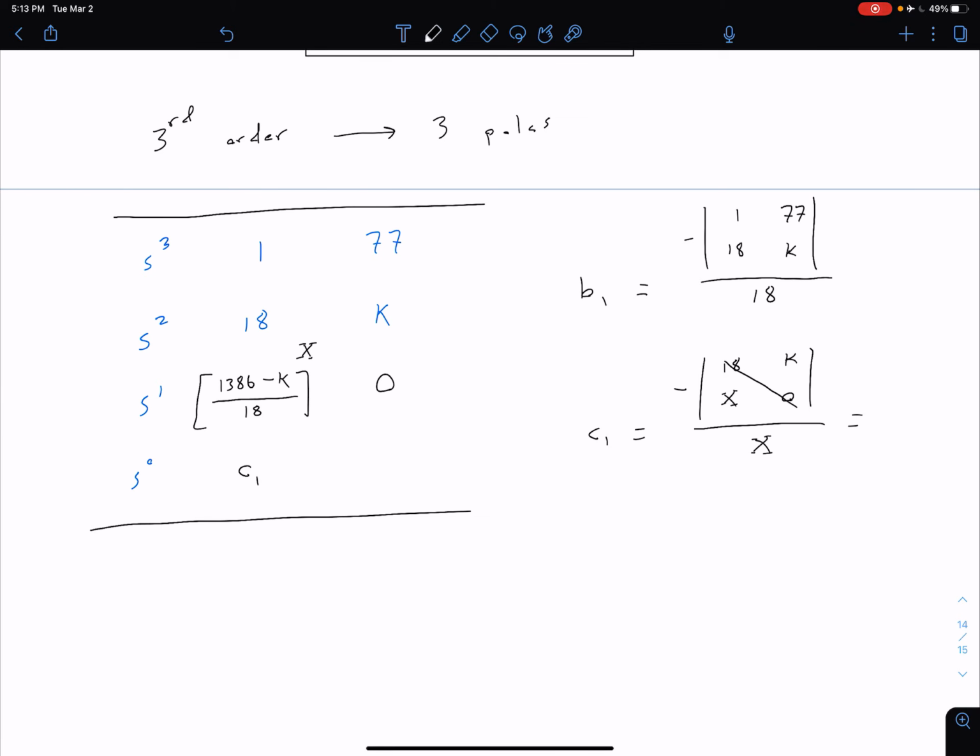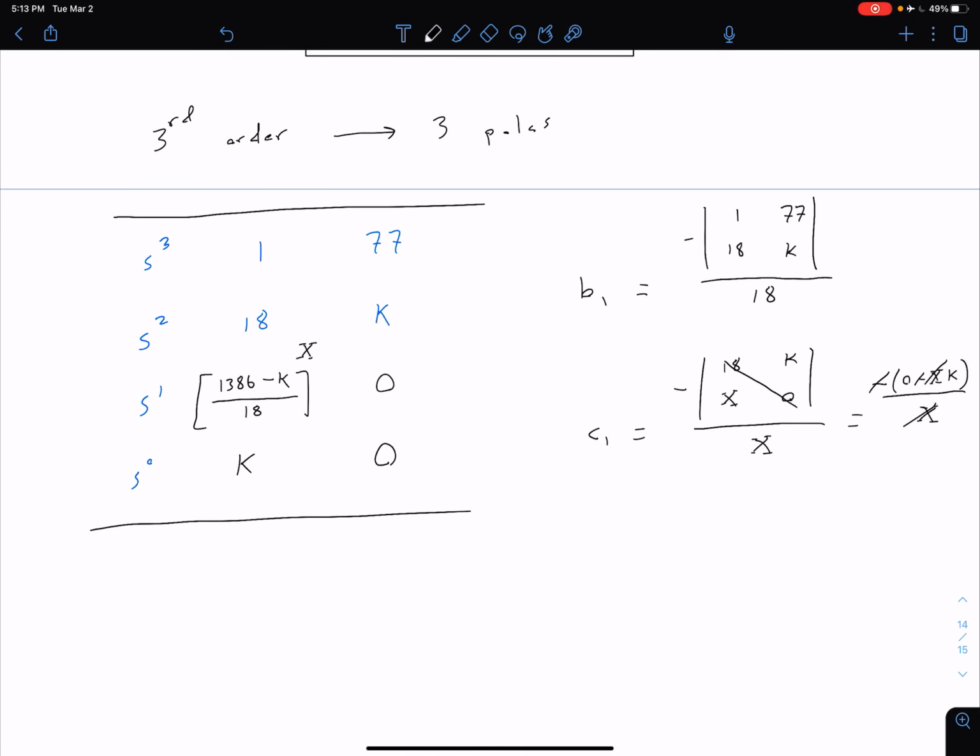So we're going to have negative 0 minus x times k, divided by x. So our 2 negatives cancel out, our 2 x's cancel out, and so we're just going to get a k. And that's a pattern you'll start to recognize. Basically this term is going to skip over a row and move back 1 column. Again, not necessary that you do that, but just an easy way to confirm you're working through the right thing. And so this entry is going to be 0 because we have implied zeros here as well.